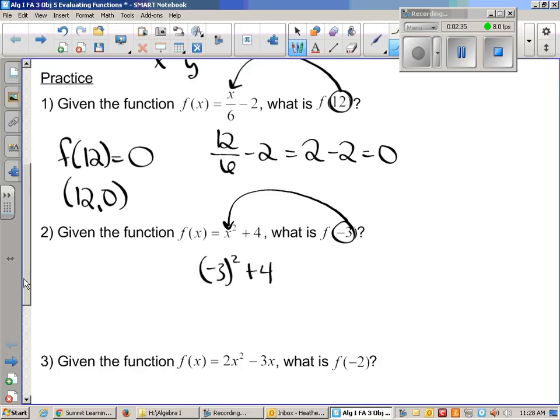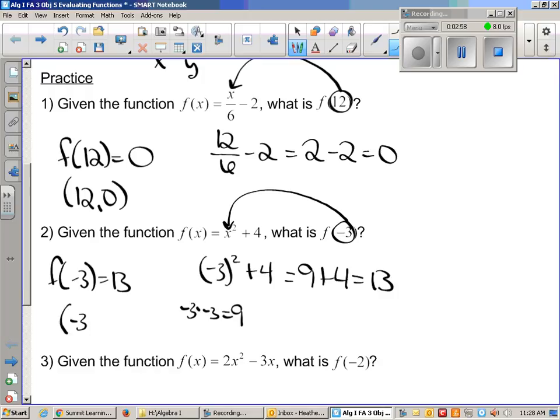To square something is to take a number and multiply it by itself 2 times. Negative 3 times negative 3 is positive 9. So this is 9 plus 4. 9 plus 4 is 13. So f of negative 3 equals 13. That also means on my graph, I would see the point (negative 3, 13).